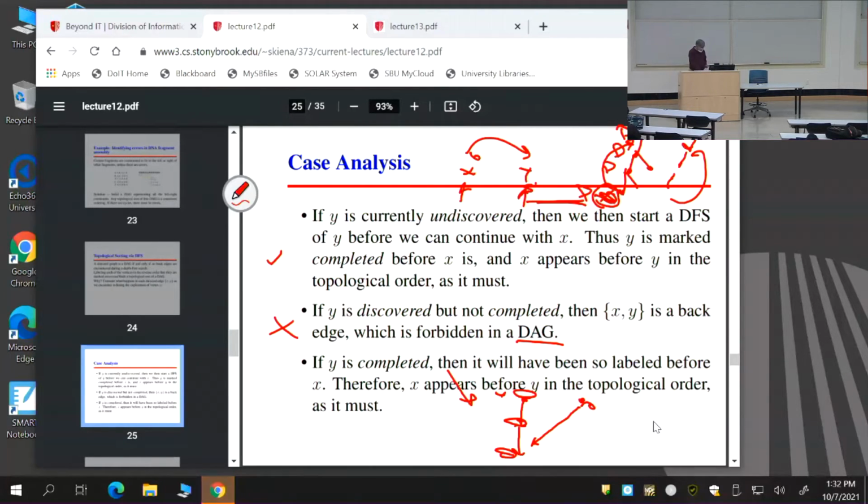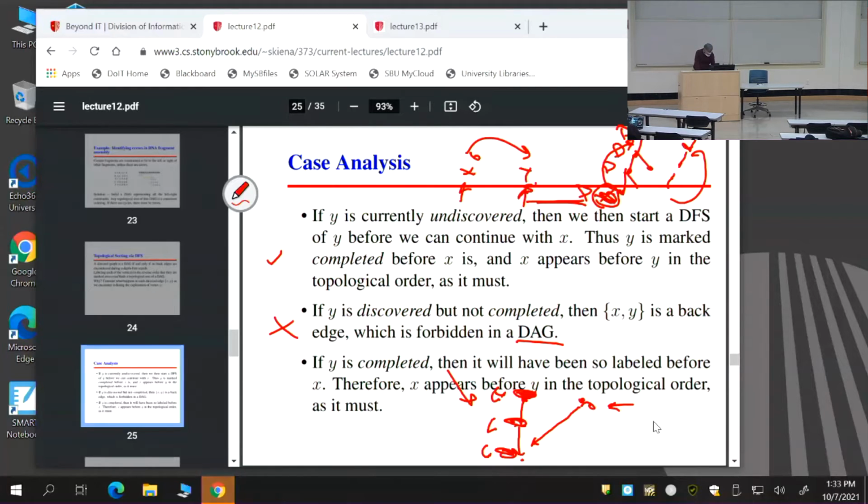If I start doing a search from here, it's discover, discover, complete, because there's no outgoing edges from here. Complete, complete.